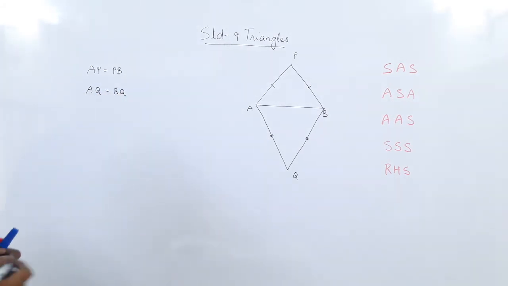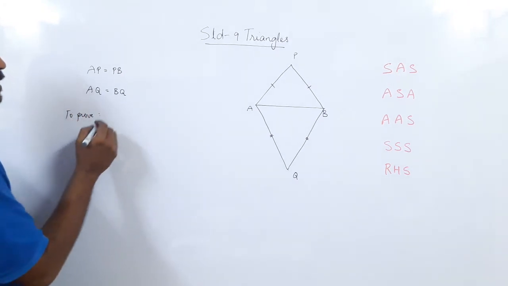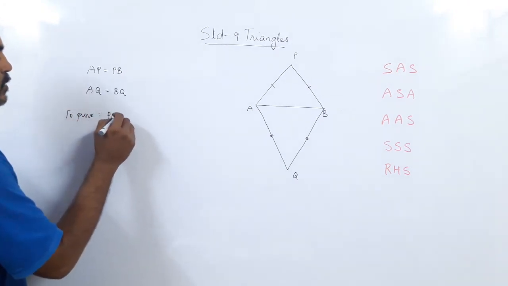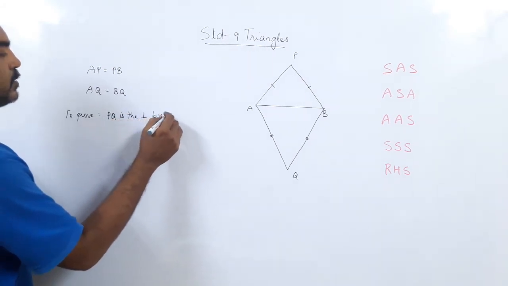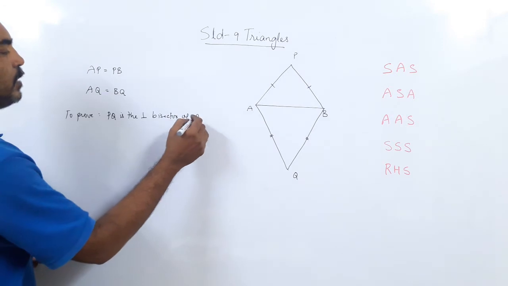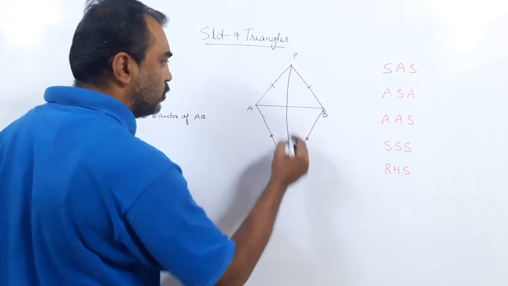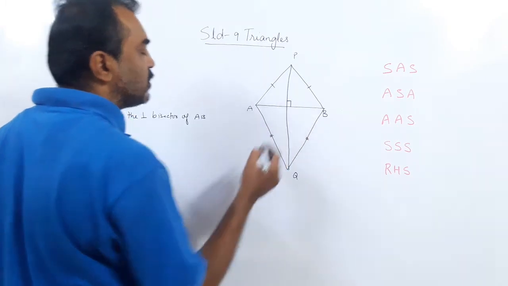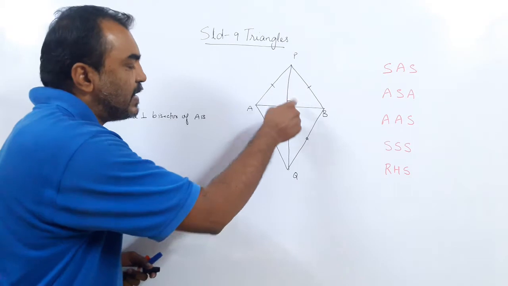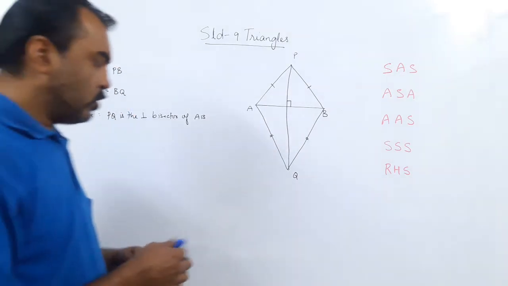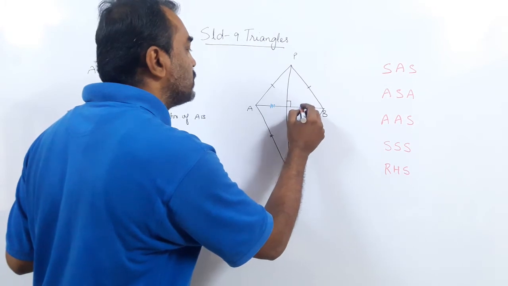What we have to prove? We have to prove in this sum that PQ is the perpendicular bisector of AB. Perpendicular bisector means it is perpendicular to AB at 90 degree and also it cuts AB into 2 equal parts.